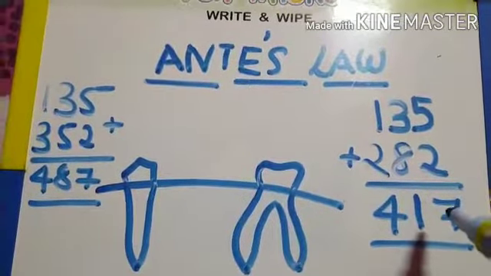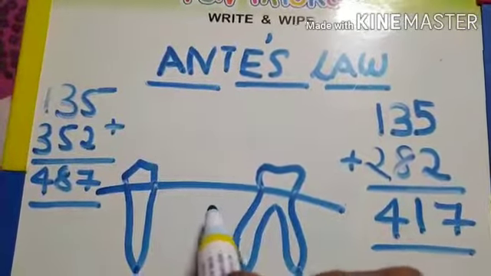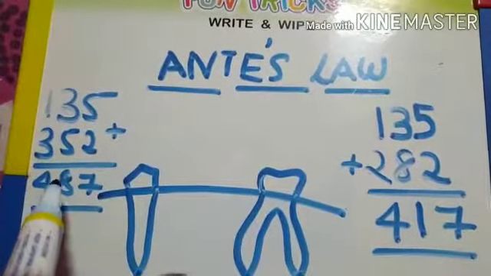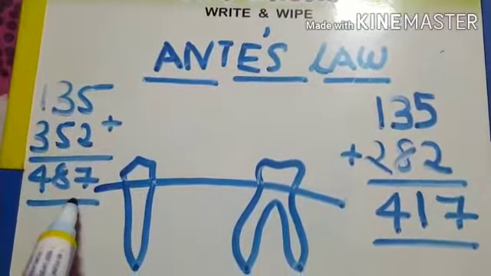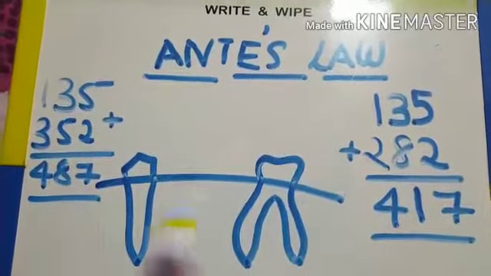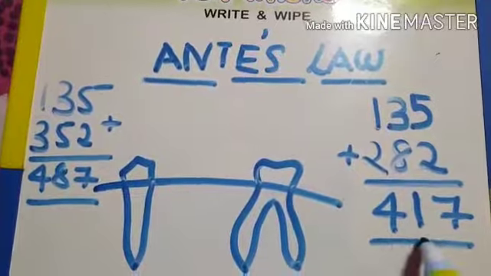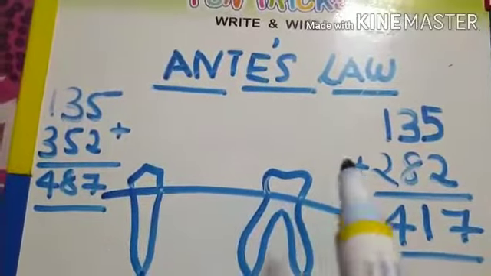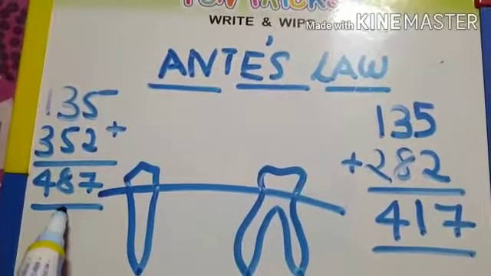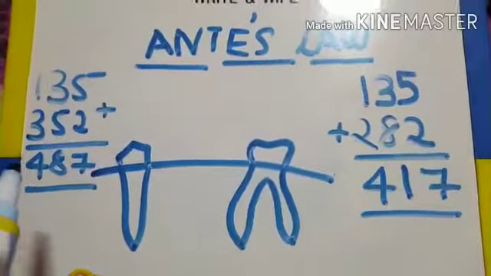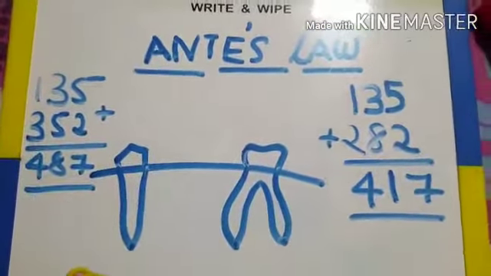Whereas the total root surface area of the ones which we are going to replace comes out to be 487. So as we can see that the root surface area of the abutment teeth is less than that of the missing teeth, in such a situation the prognosis of the treatment comes to be poor.